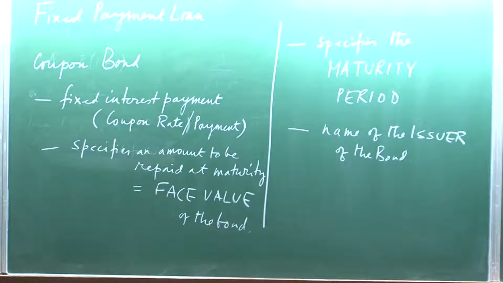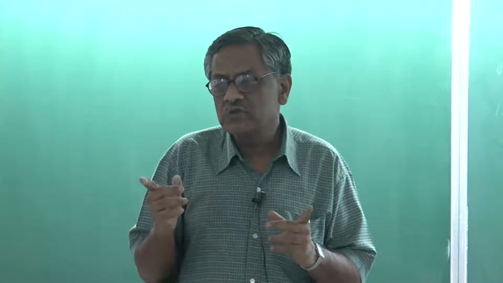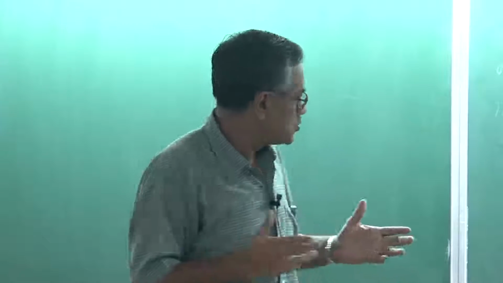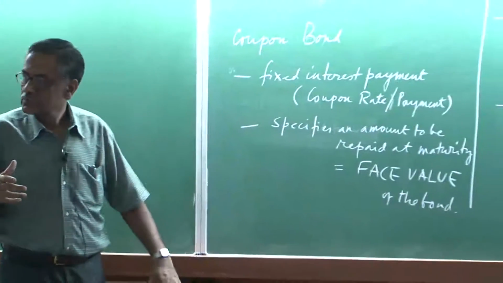It mentions the coupon rate, that it promises annually a 10% interest income. So, on the face value you get 10% interest income. On a 1,000 rupee bond you will get 100 rupees every year. It mentions the maturity period, how long it is, and at maturity it is understood that the face value of the bond will be given to you.